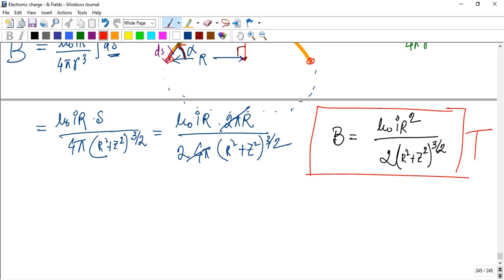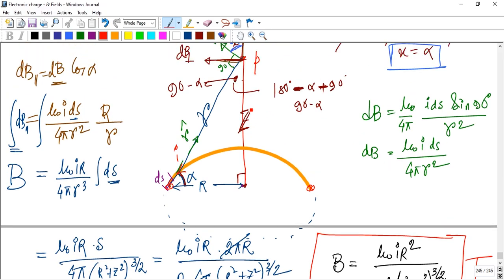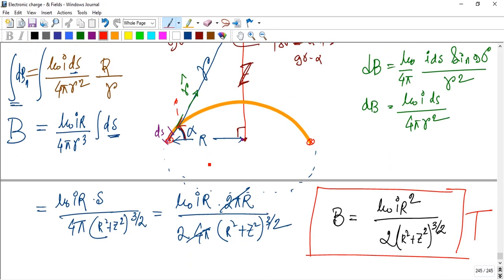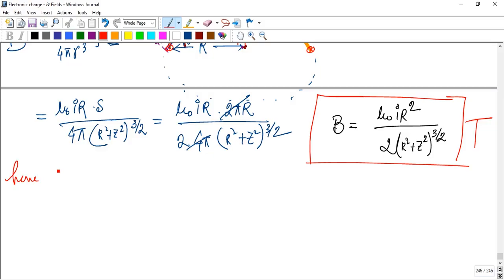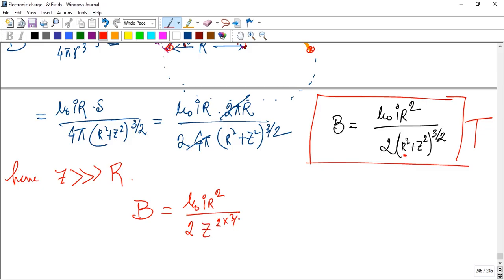Now if z is very large compared to R, there will be a change in that B. B is equal to mu 0 I R square by 2 z to the power 3, so we get mu 0 I capital R square by 2 z cube.